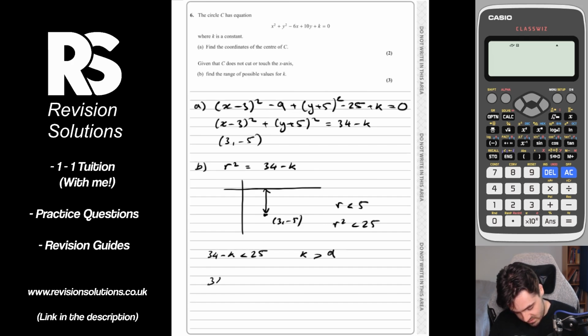So that would be 34 minus k must be greater than 0. So that would mean k is less than 34. So it actually does put an upper bound on our value of k. So then k is going to have to lie between 9 and 34.